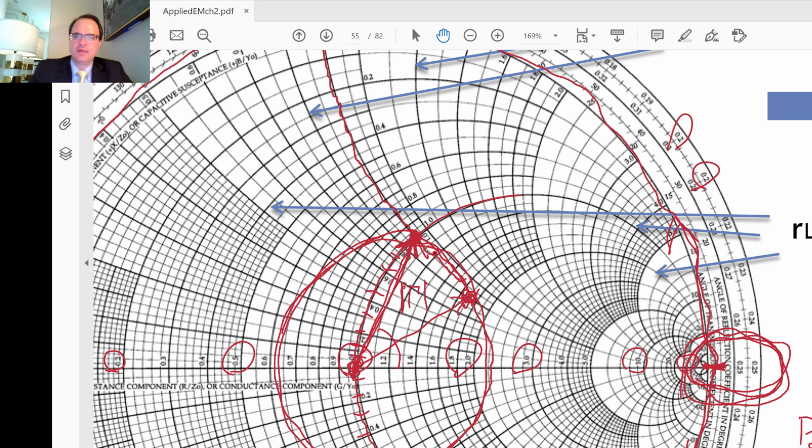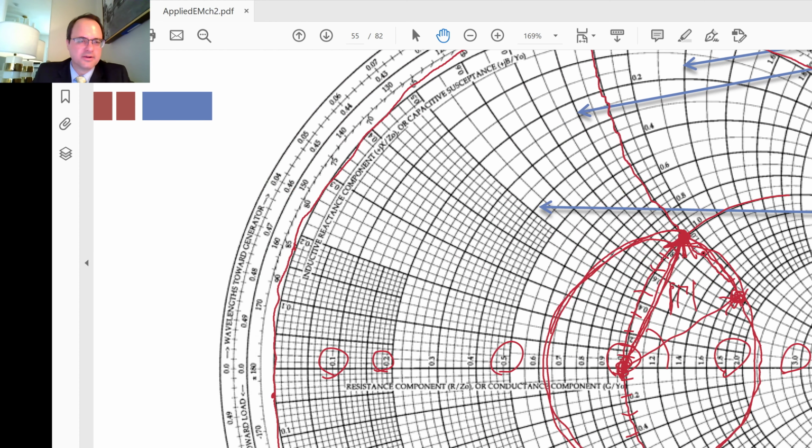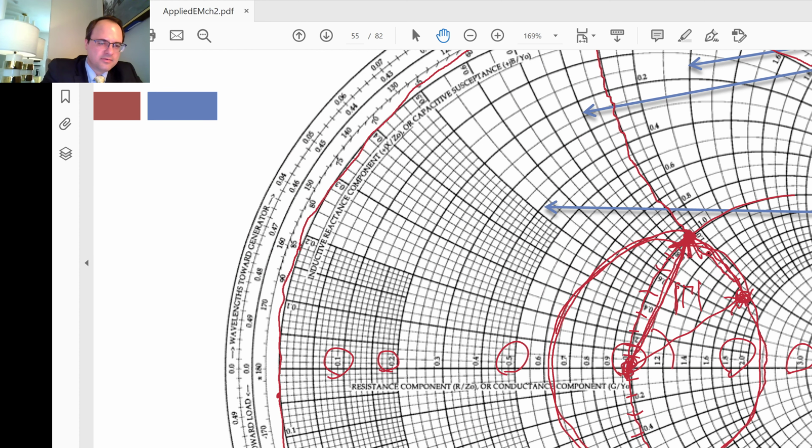We can start this at any position. Say that by convention we put 0 all the way over here, and then as we go from the load to the generator, we have 0 here, and then go 0.01, 0.02, 0.03, 0.04, and so forth.